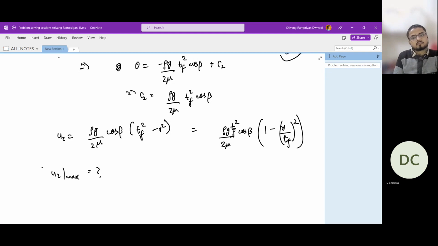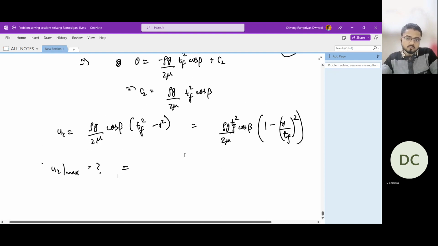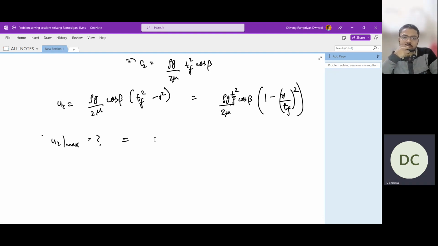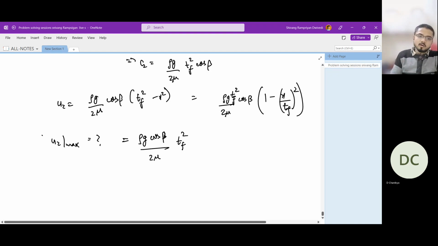Tell me the value. What will be the value of uz max? Rho g cos beta by 2 mu, df square, right? Okay, good.